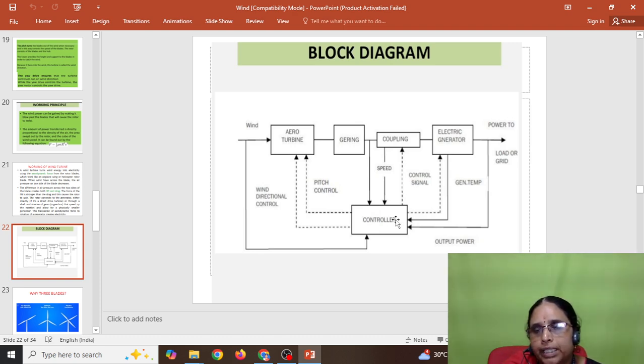This controller may be IoT, embedded, or a microcontroller. The inputs to the controller are speed, generator temperature, output power, and wind direction. The outputs from the controller are pitch control and the control signal to the generator.